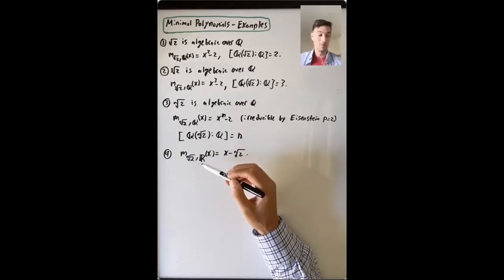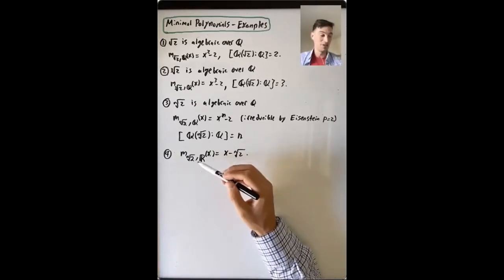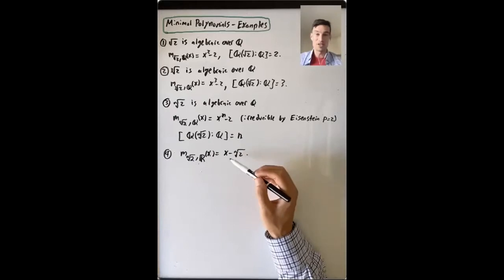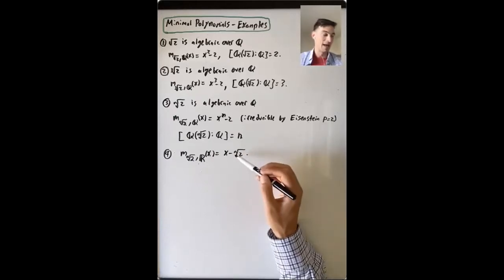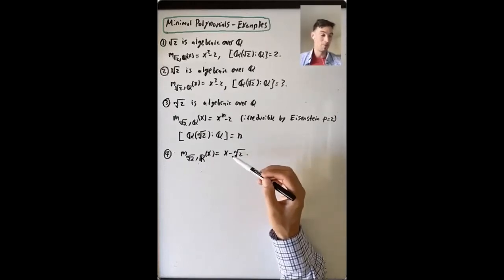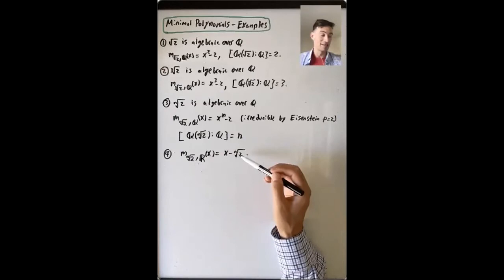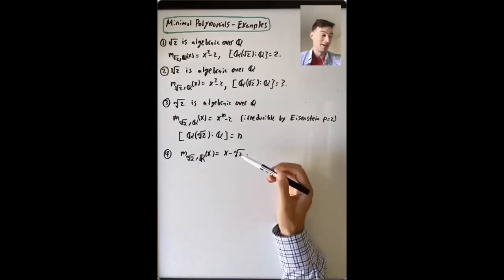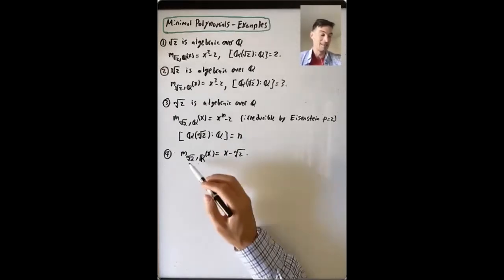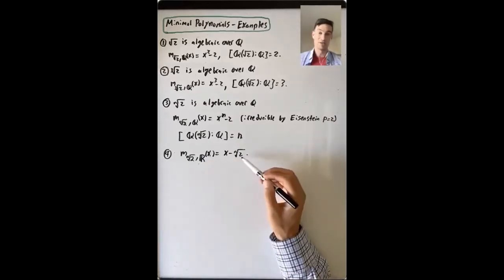Well, it's just the linear polynomial x minus the nth root of 2. So this is a monic irreducible polynomial in R[x]. It's irreducible because it's linear, and it has the nth root of 2 as a root.